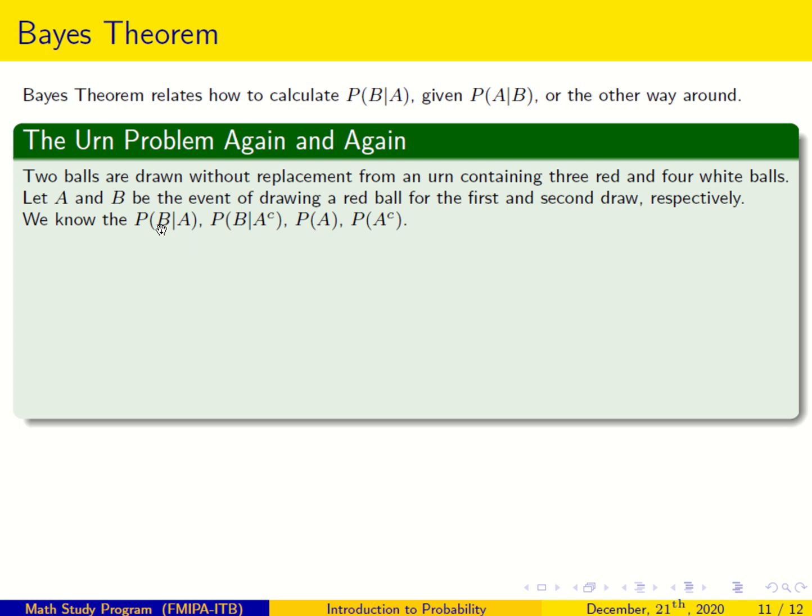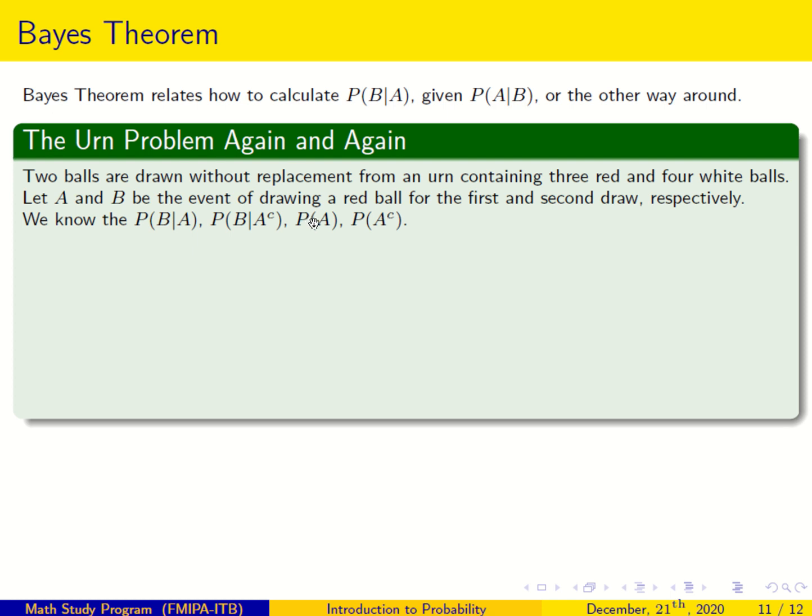So we know the probability of drawing red on the second draw given that the first draw is red. And I know the probability of the second draw being red given that the first draw is not red. Probability A, red in the first draw, I know. Not red in the first draw, I know also.